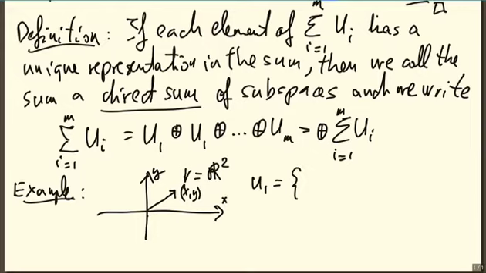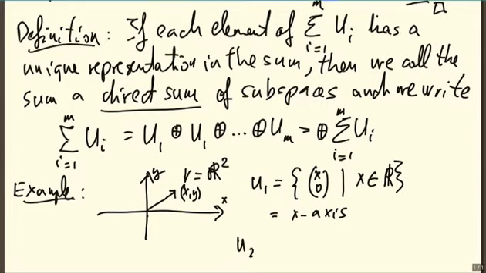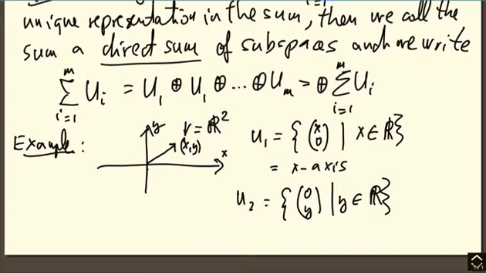Let U1 be the subspace of x0 vectors with x in R. So this is actually the x-axis, a straight line going through the origin. And then U2, let's consider this to be the 0y vectors, where y goes through all the real numbers. And this is the y-axis, which is again a straight line going through the origin.